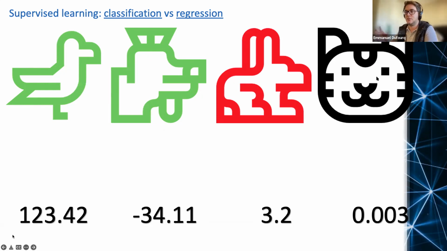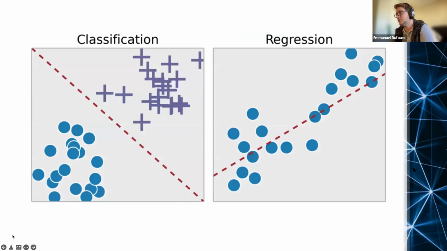So we're trying to bucket things into discrete categories. Regression, on the other hand, is when we're trying to map the feature space into some numerical space. So we're predicting numbers. Essentially, they're two different problems, and the models we use will be different.